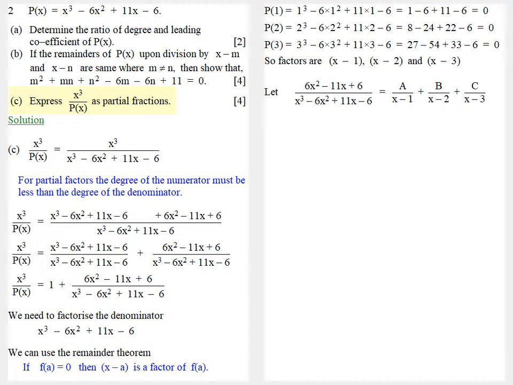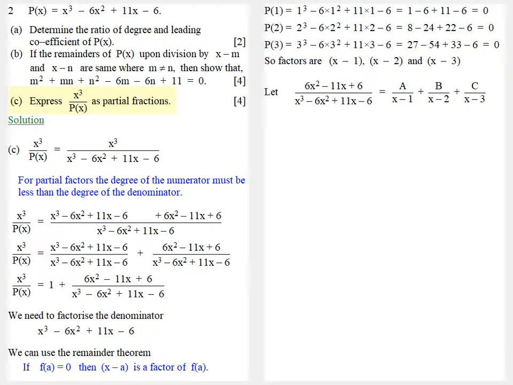So our fraction (6x squared minus 11x plus 6) over (x cubed minus 6x squared plus 11x minus 6) can be written as a over (x minus 1) plus b over (x minus 2) plus c over (x minus 3).